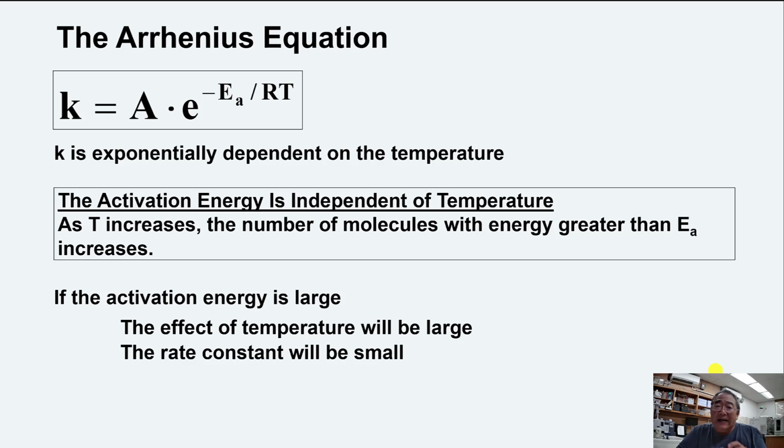Now, if the activation energy is large, that means the effect of changing temperature will also be large. If the activation energy is small, then typically the effect of changing the temperature is small. And if you're looking at forward versus reverse reactions, depending on which one's larger, one will be more affected by temperature than the other.